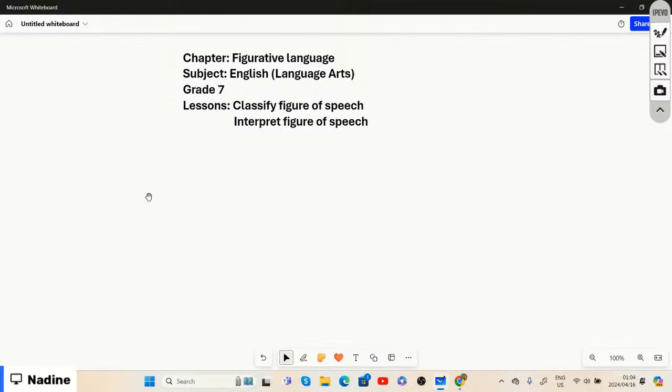And the lessons that we're going to be focusing on today under the chapter of figurative language are to classify figure of speech and also to interpret figure of speech.